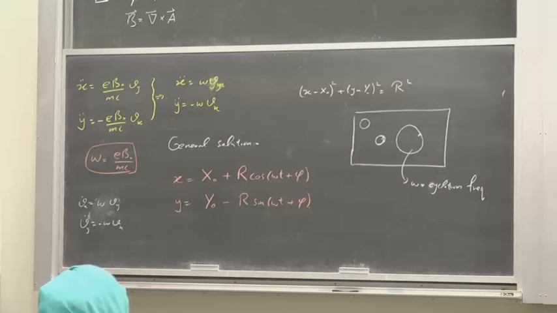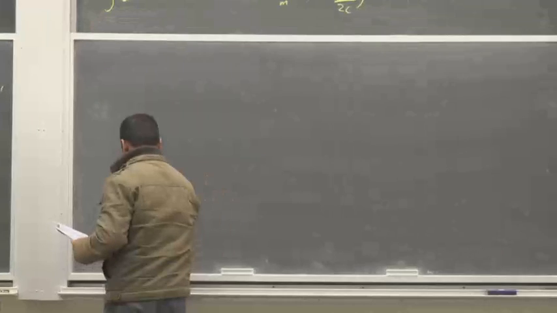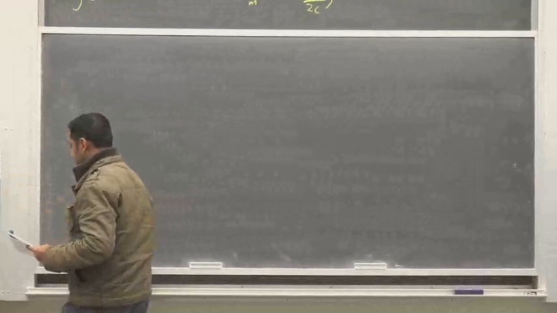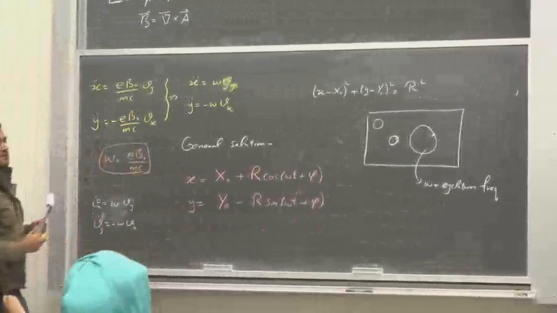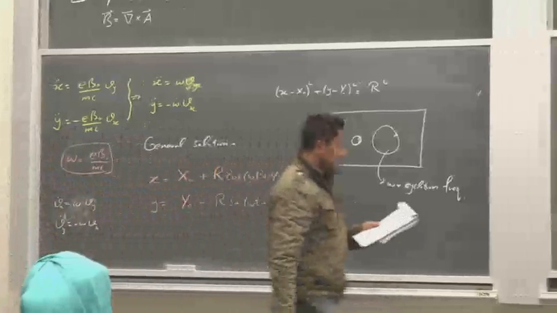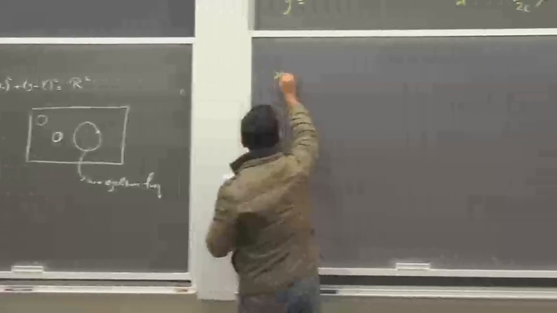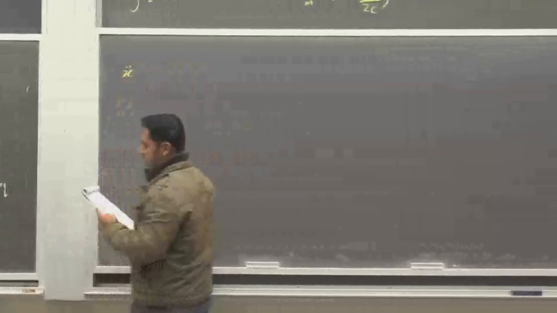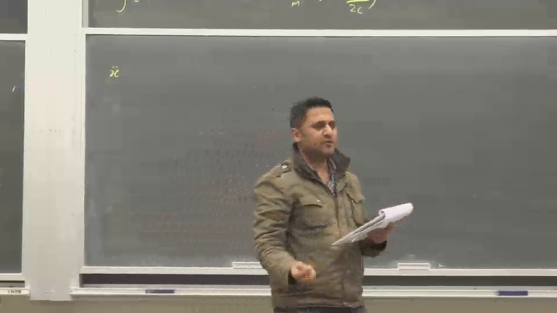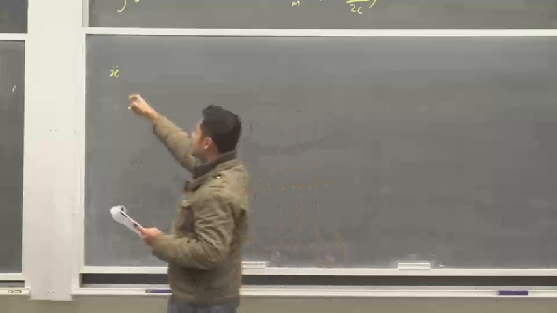Now, what if I apply an electric field? In the presence of an electric field, this equation is changed. I'm not again going to go through the whole Hamiltonian procedure. Maybe you can do it as homework. But we know what it's going to do, because this is just giving me the acceleration.